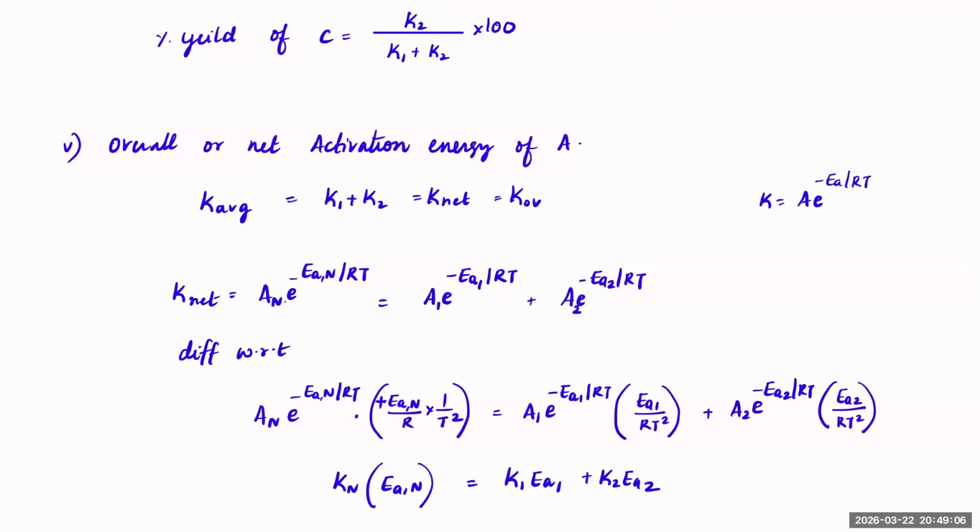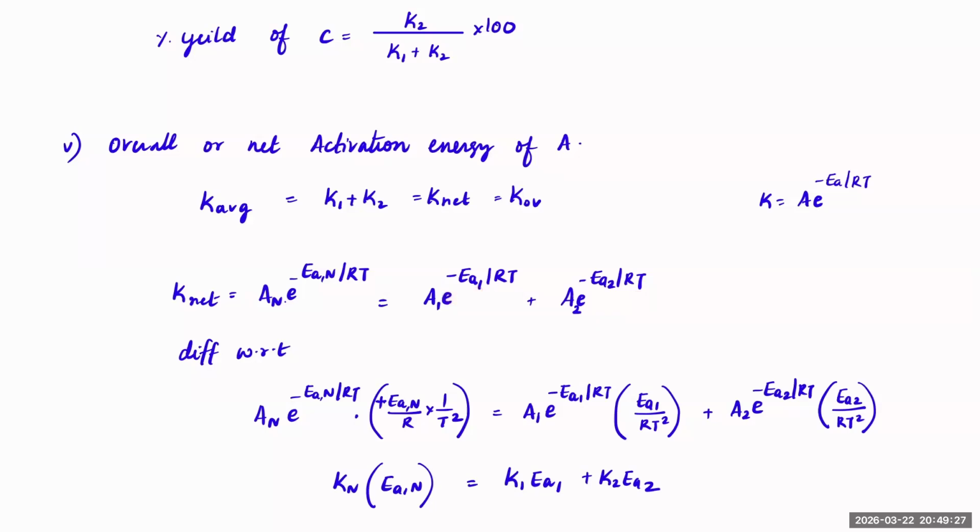Which is equal to k net or k overall. k net is A_N e raised to power of minus E_A,N by RT. That is the net k value, which is equal to k1 plus k2. k1 plus k2 can be written as A1 e raised to power of minus E_A1 by RT, plus A2 e raised to power of minus E_A2 by RT.